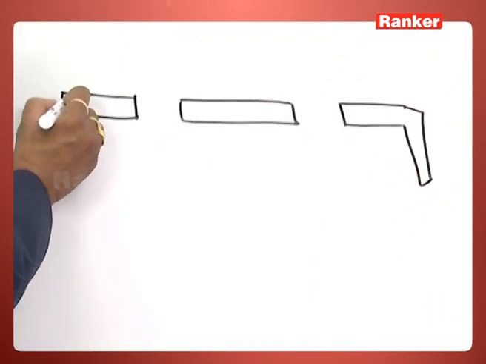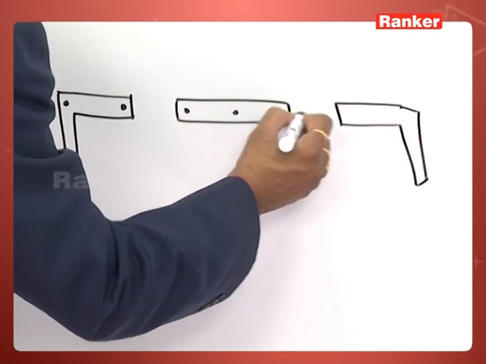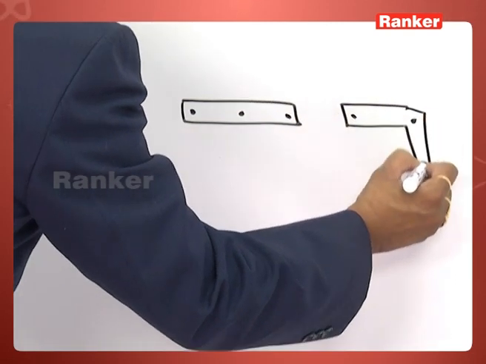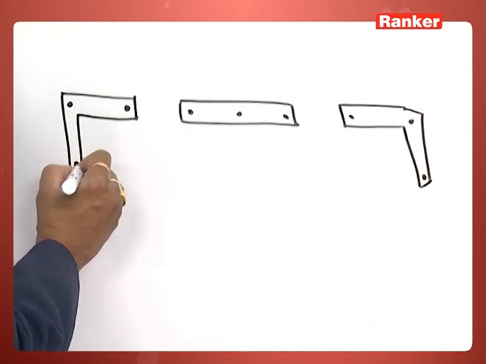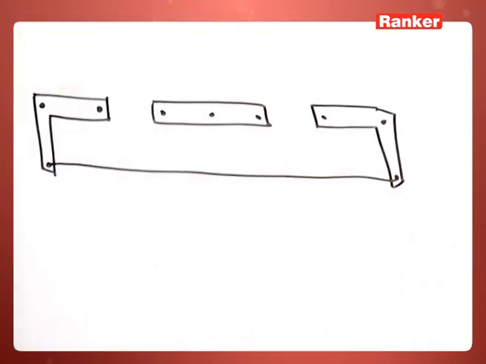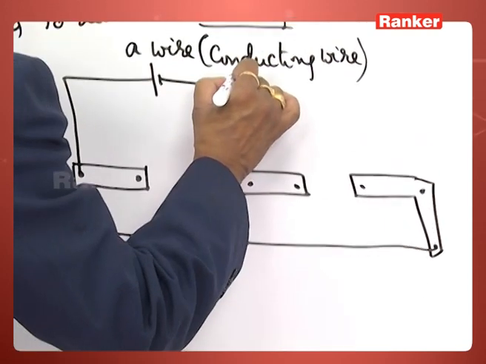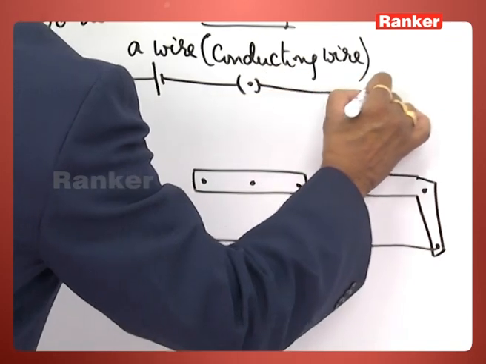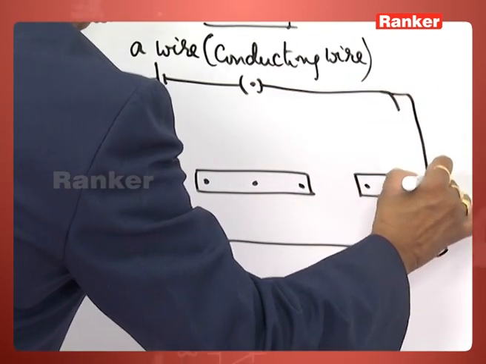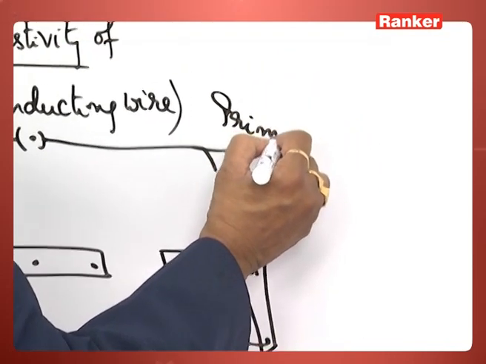On each strip, 3 connecting screws we will be finding, and we have a meter long wire connected in between these two. This now is connected across a cell and a key like this. This is what is called the primary circuit.